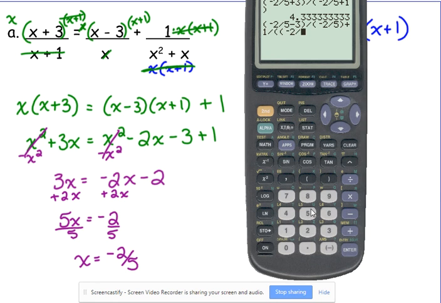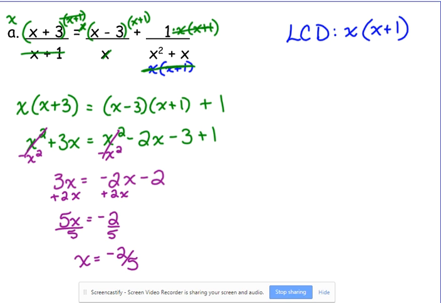Now notice, you gotta put parentheses in there for 2 reasons, because it's a fraction and because it's negative. You got to make sure you get plenty of your parentheses around there or it will not work out correctly, but it did. Left side equals right side. So negative 2/5 is our answer.